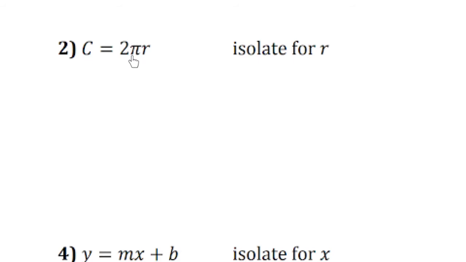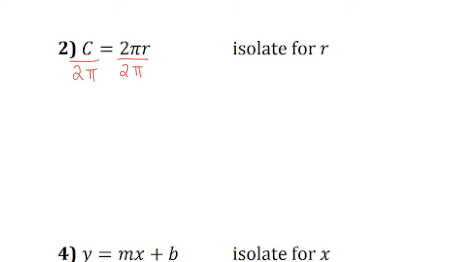So the only way I can do that is to divide both sides by the 2 and by the pi. I'm going to put in a bar on both sides, because remember that whatever you do to one side of your equation, you must do to the other side. And so we're going to divide by 2 and by pi. And we're also going to do that on the left-hand side.